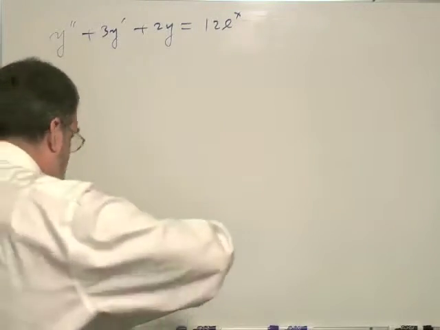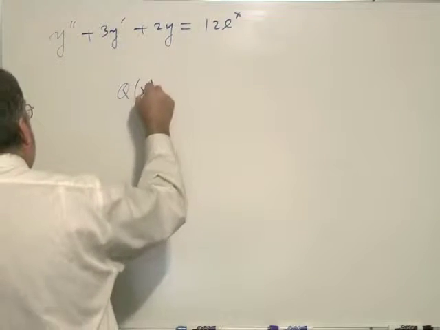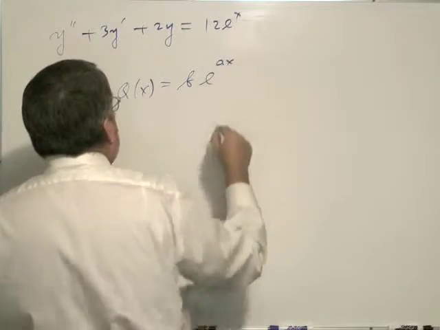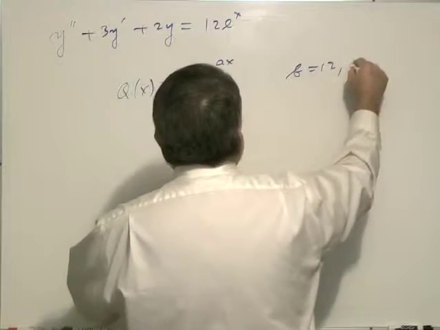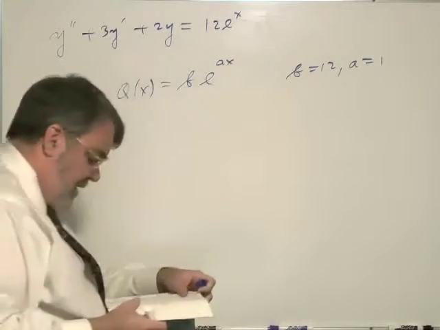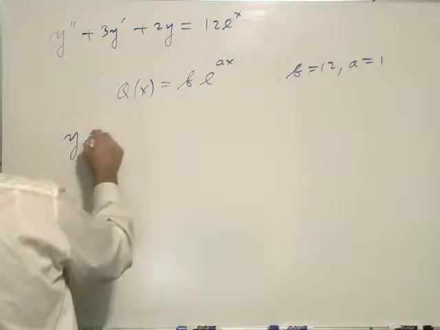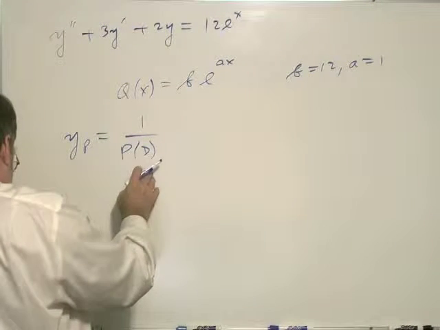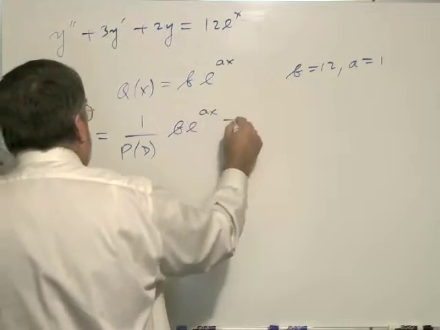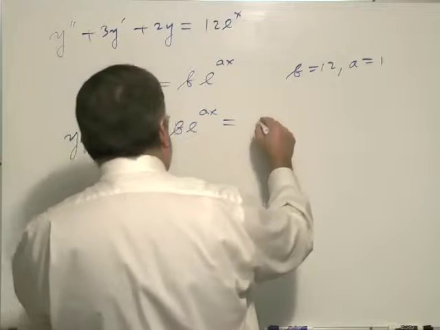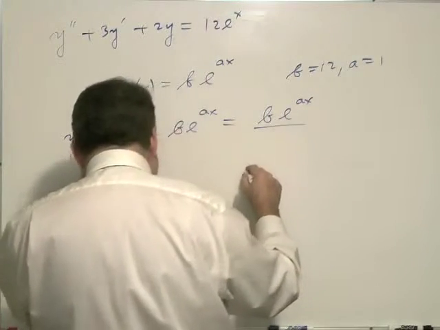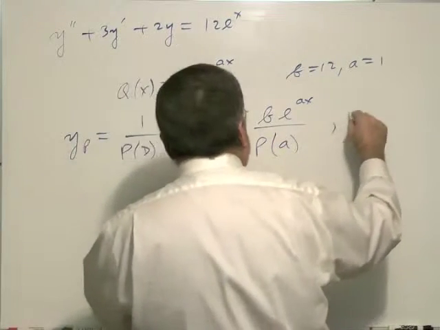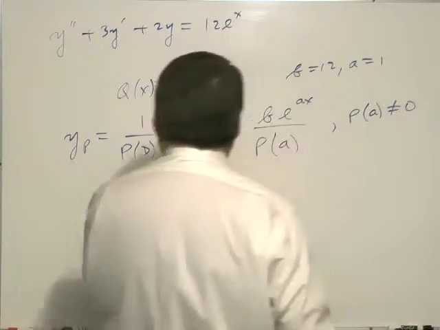It says that when Q(x), the right-hand side, is equal to a constant b times e^(ax), so here b would equal 12 and a would equal 1, then the particular solution, if you write it as 1 over the polynomial operator times b e^(ax), is equal to b e^(ax) over the polynomial evaluated at a, as long as that's not equal to 0.